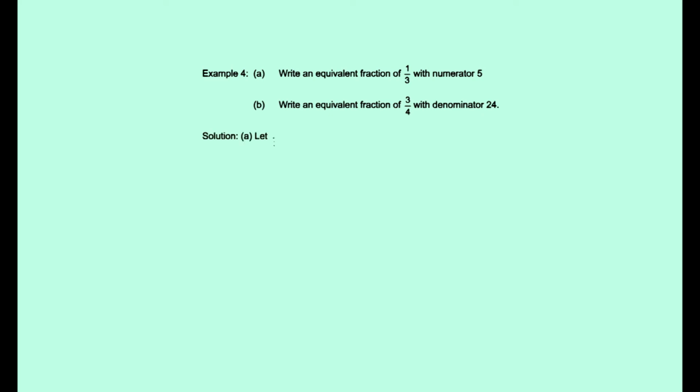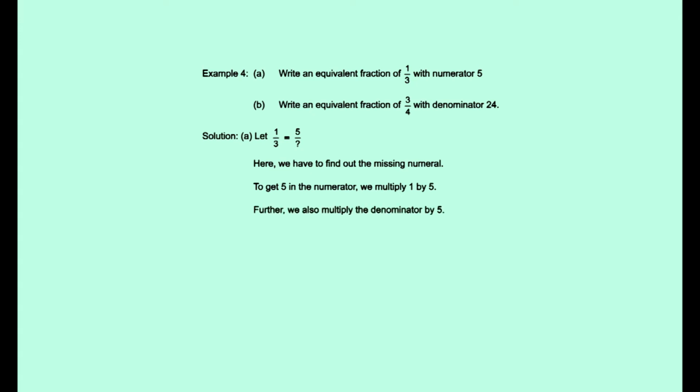Let 1 by 3 is equal to 5 by blank. Here we have to find out the missing numeral. To get a 5 in the numerator, we multiply 1 by 5. Further, we also multiply the denominator by 5. 1 by 3 is equal to 1 into 5 by 3 into 5 is equal to 5 by 15. Hence, 1 by 3 and 5 by 15 are equivalent fractions.